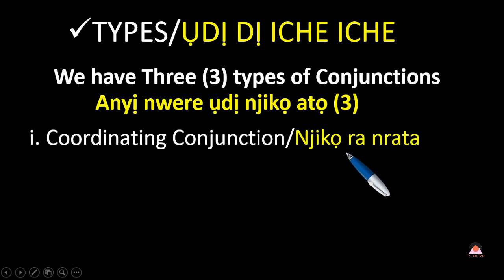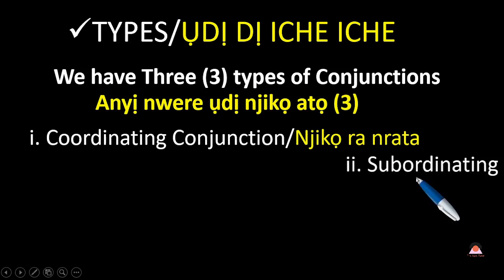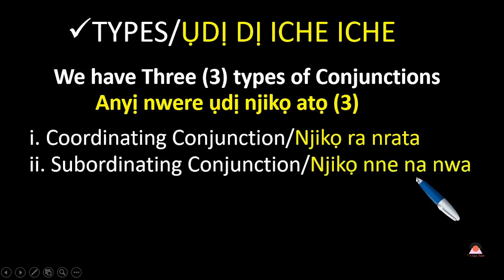Something that they say is ranrata is equal in weight, equal in strength. Njikọ ranrata. Nke abụọ, which is number two, subordinating conjunction. In Igbo, we call it njikọ nne na nwa. Nne means mother, nwa means child. It's like saying mother and child. Njikọ nne na nwa. So they don't have equal strength, mother and child.